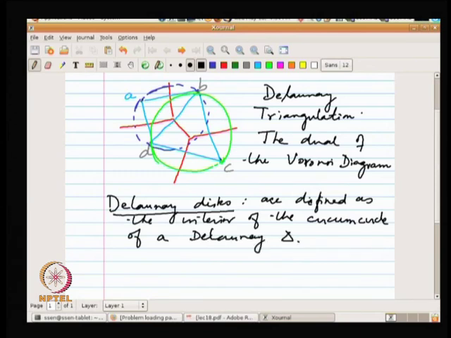So, these Delaunay discs have this very nice property, which probably is not very intuitive at first sight, that they are empty. Okay.